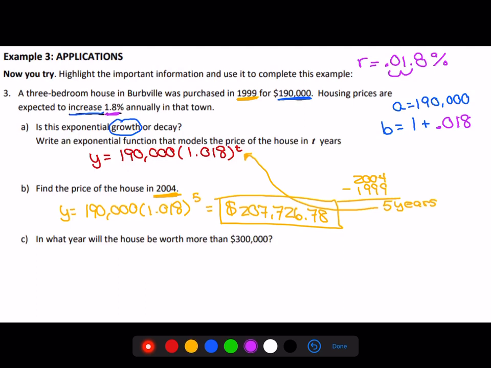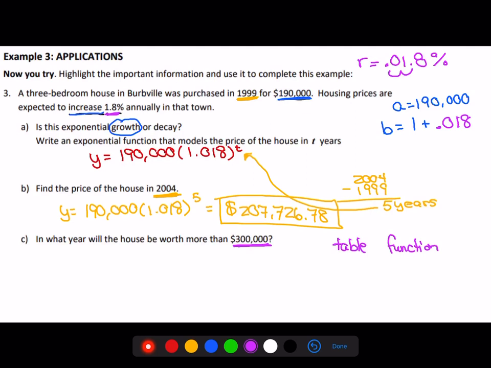In what year will the house be more than $300,000? For this type of problem, I highly encourage you guys to use the table function in the calculator or guess and check. So if I know in 5 years it's around 207,000, I can jump up to about 20 years and see where it's at there. If it's still not at 300,000, then I can jump up to 25 years, check there, and then go up year by year.